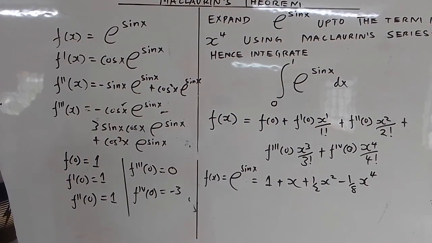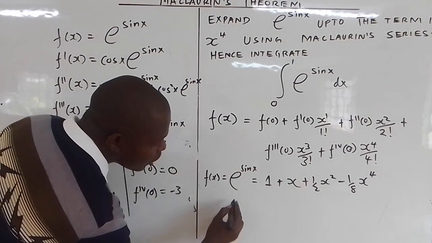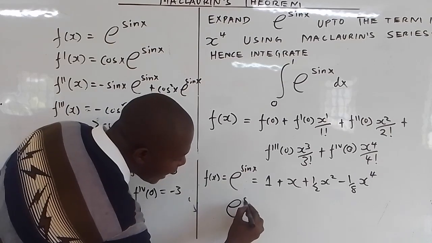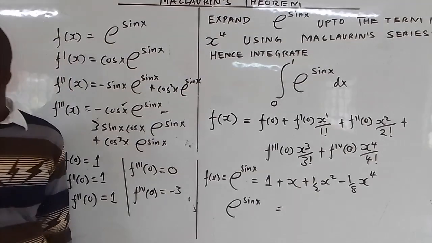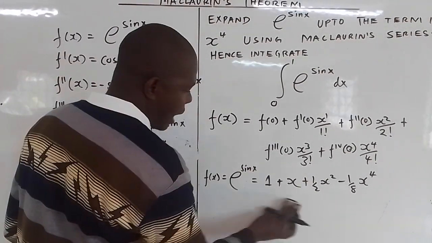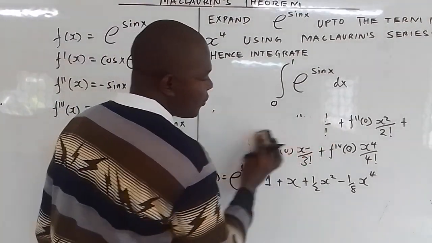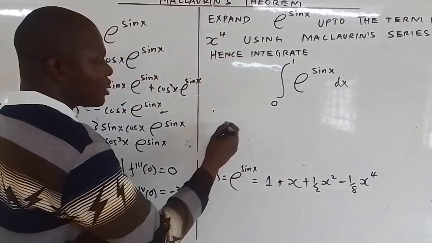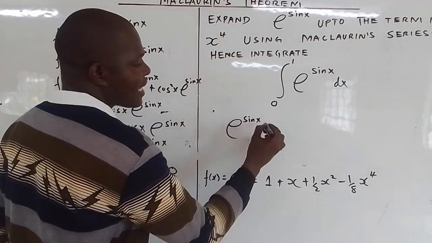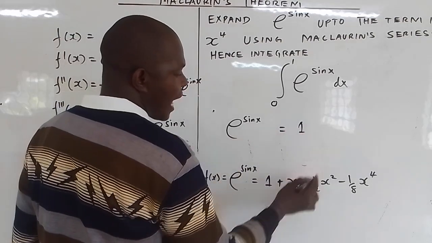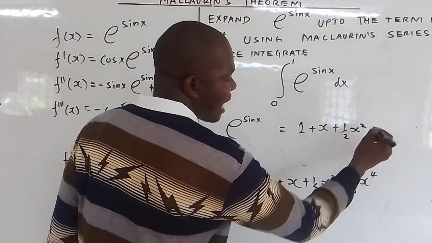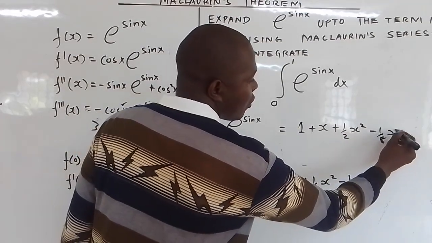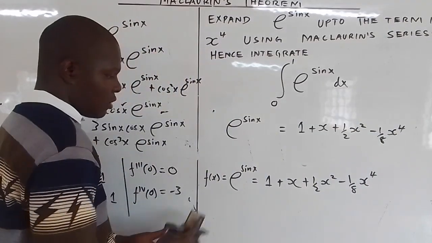So, what have we found here? We found exponential of x is equal to 1 plus x plus a half x squared minus 1 over 8 x raised to power 4.